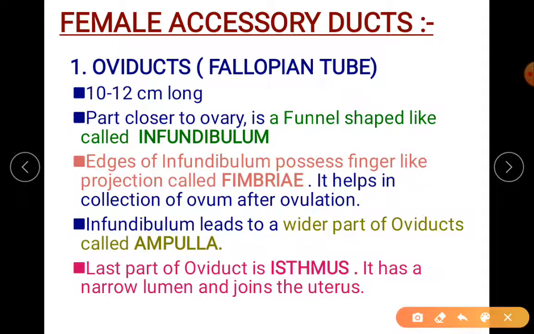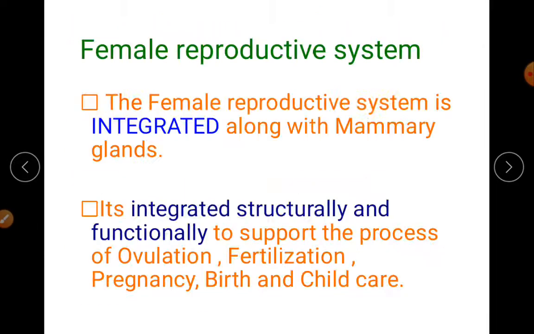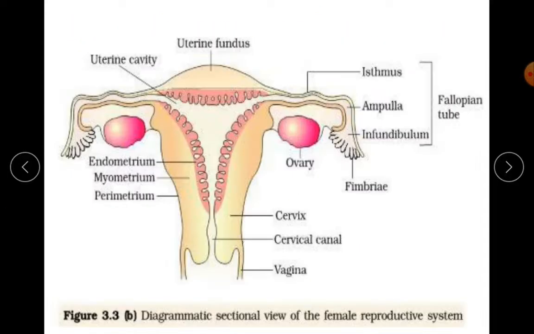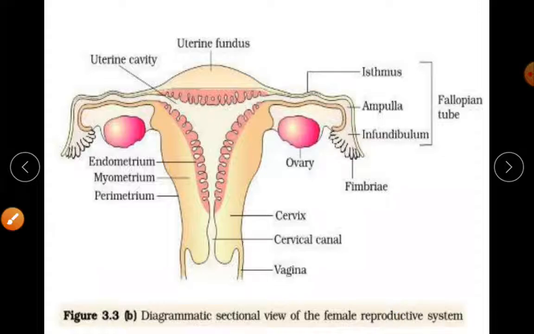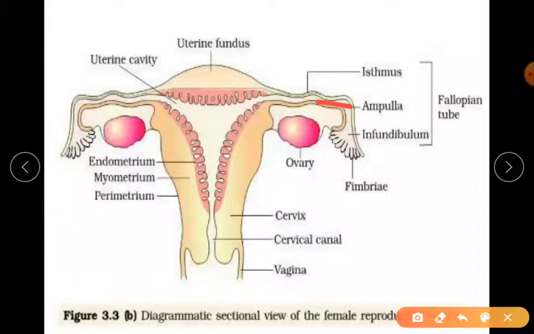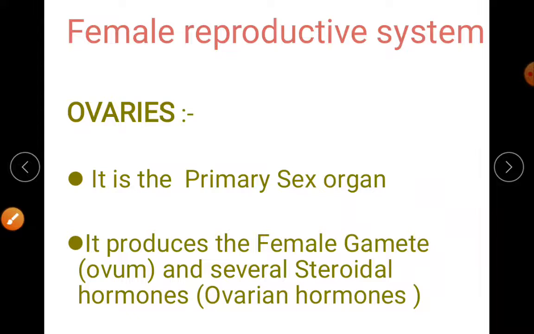The last is the isthmus, which is the last part of the oviduct. It has a narrow lumen and joins the uterus. Now you understood this region is ampulla, this region is isthmus. It is narrow and joining the uterus. Just observe here again.